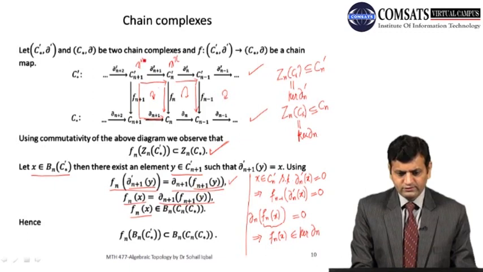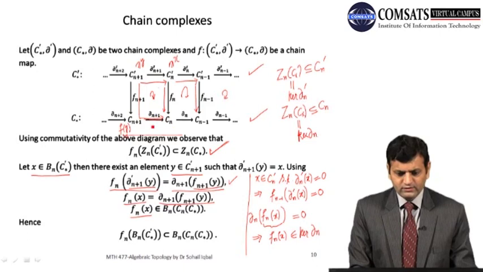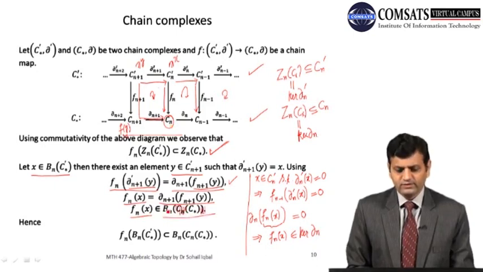So y belongs to Cn plus 1 prime and fn plus 1 of y belongs to Cn plus 1, and so when we apply partial n plus 1 on this element, then I will get an element of Bn of c star. In other words, I get boundaries of this chain complex inside Cn. In other words, fn of x belongs to Bn of c star. So take an element of the boundary of c star prime and its image belongs to the boundary of c star.